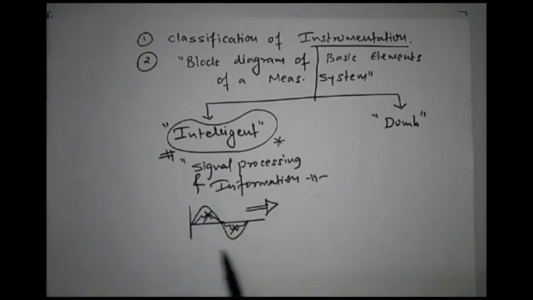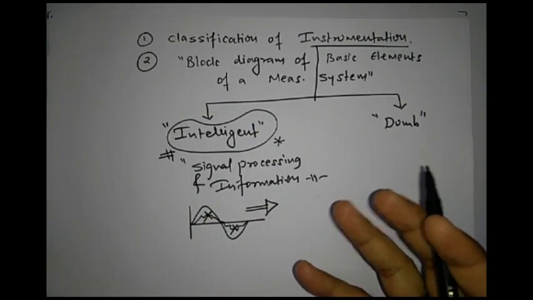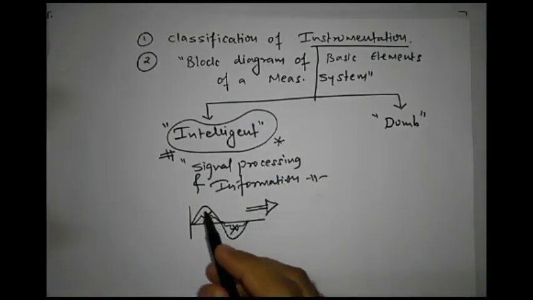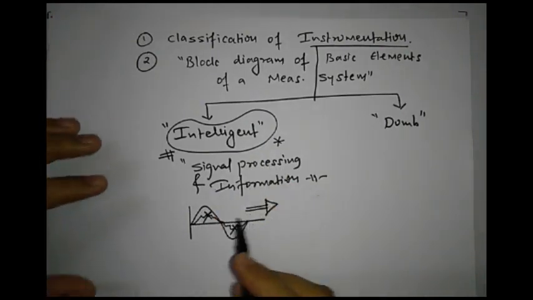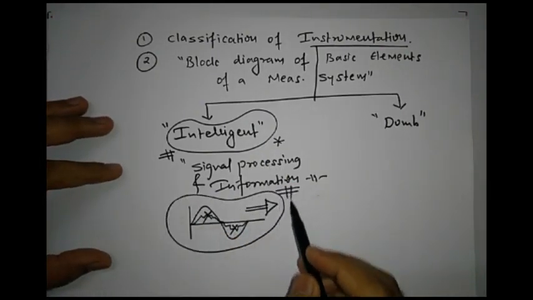In order to do all these things it requires some intelligence, and that is the reason the intelligent instrumentation system involves digital computers for doing the signal processing or information processing work.